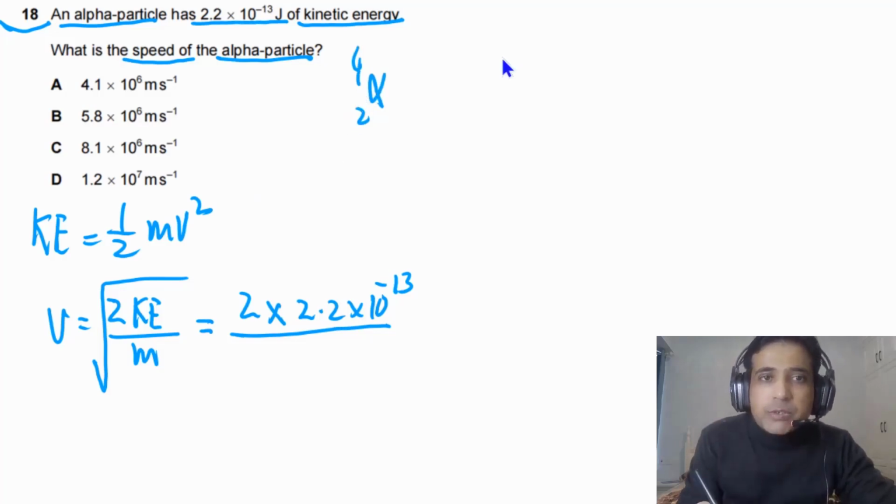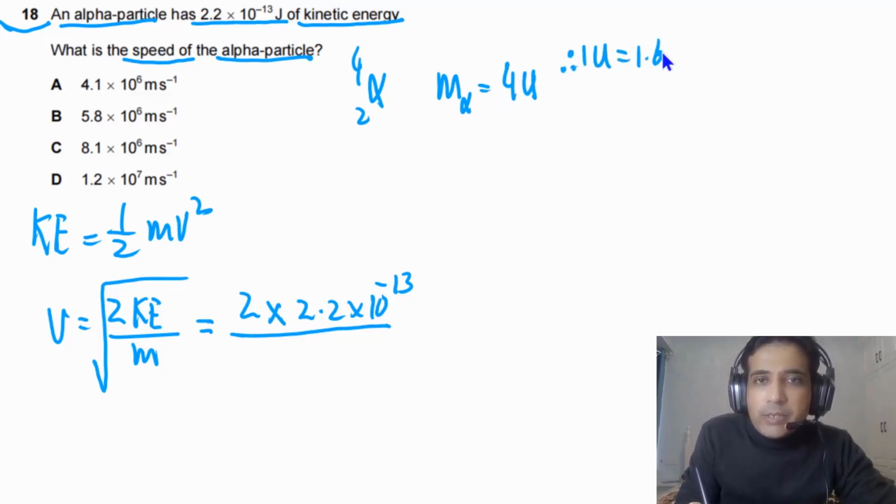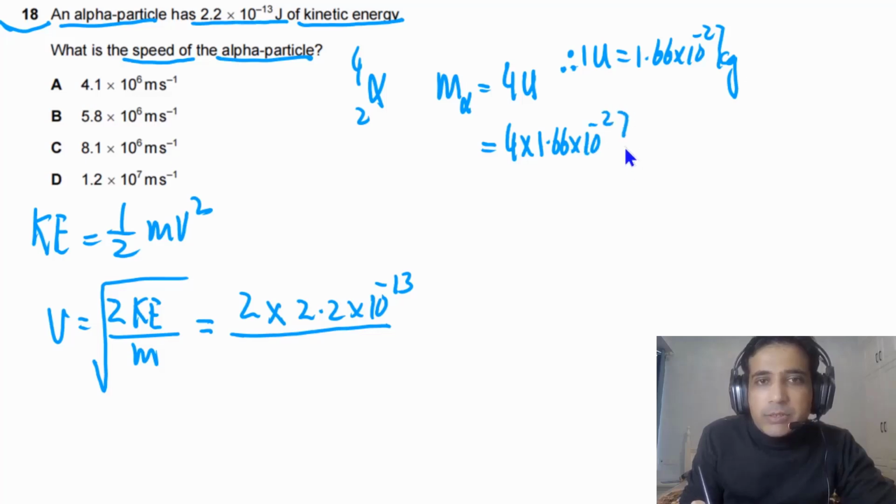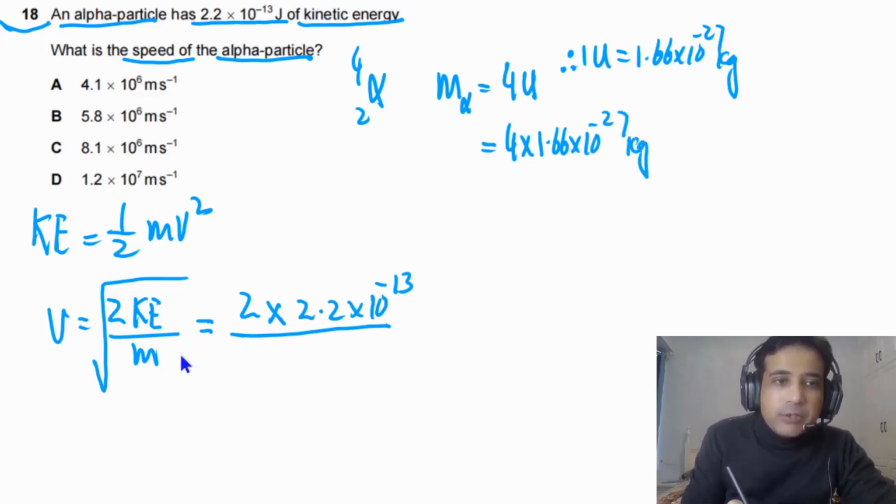So the mass of alpha particle is equal to 4u, and 1u is equal to 1.66 times 10 to minus 27 kgs, and you can find the value of atomic mass unit in data. So it simply means that the mass of alpha particle is equal to 4 times 1.66 times 10 to minus 27 kgs, and we need to replace m with this. So this is mass of alpha particle.